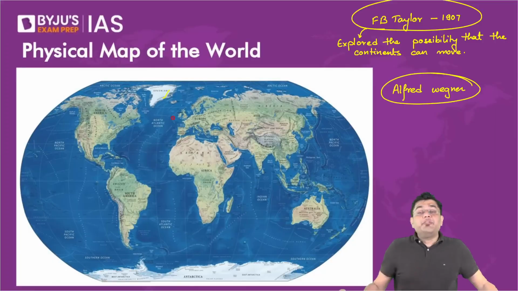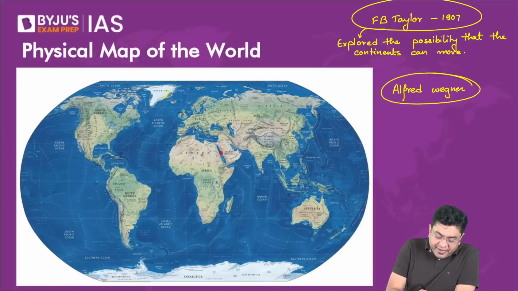Now, once Alfred Wagner looked at the physical map, a few things struck his imagination immediately. And what were those things? First of all, he observed the shape of the continents and oceans, and thereby he observed certain facts. If you take a look at the shape of the Arabian Peninsula and the shape of the Horn of Africa, the shape resembles quite significantly.